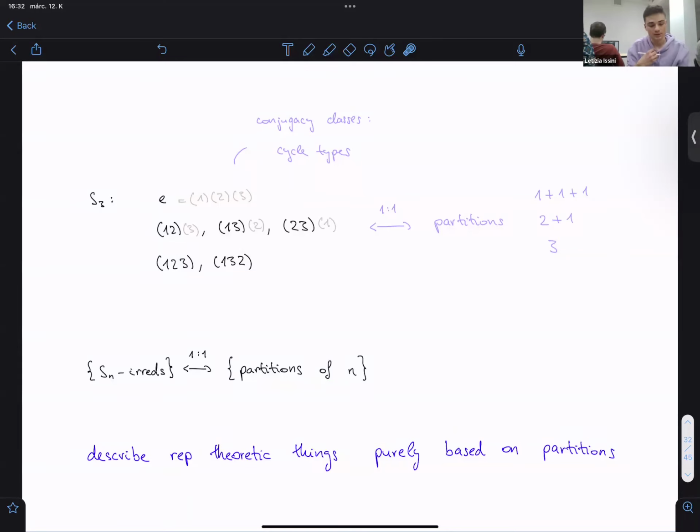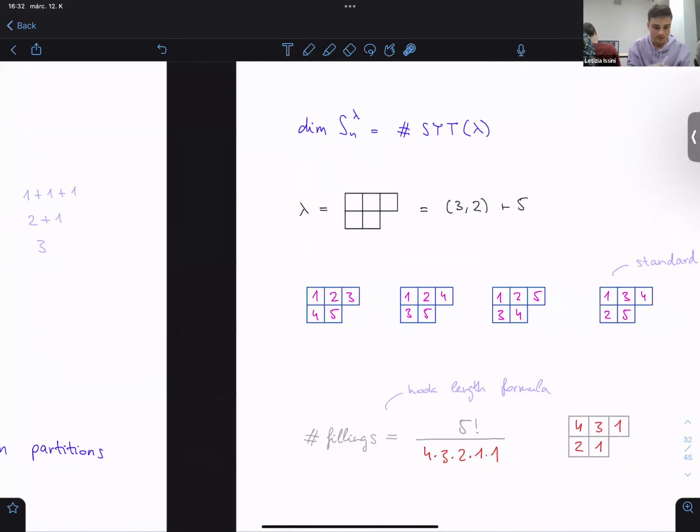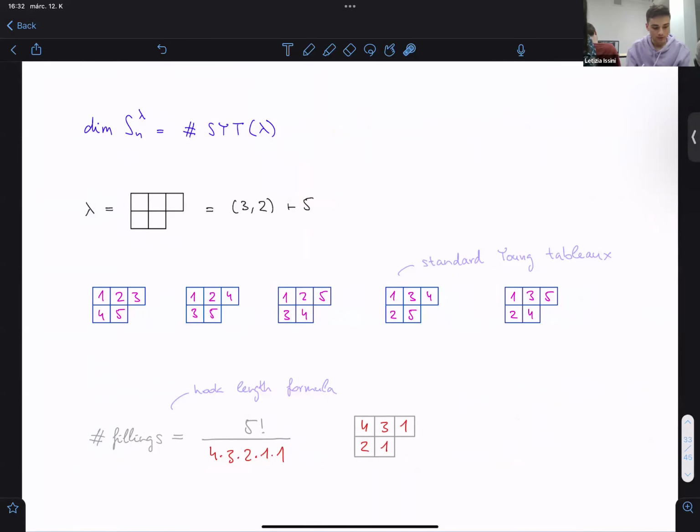And this index set of partitions is particularly nice because lots and lots of things in representation theory can be described purely based on the combinatorics of the indexing partitions. The archetypical example of that would be the dimension of an irreducible representation. So let's take a partition, let's say 3 plus 2 equals 5, and we'll represent it by the Young diagram, which is a left-aligned diagram that will have three squares in the first row and 2 squares in the second row.